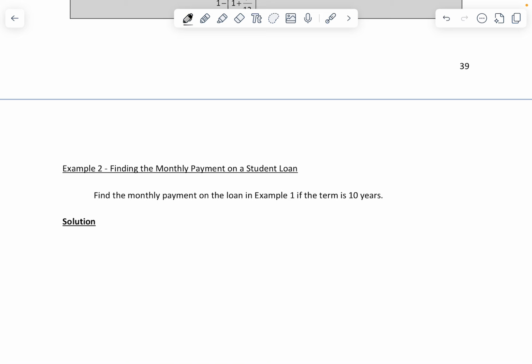That would be the loan amount, $6,500, plus the accrued interest, $1,878.11, which equals $8,378.11. That's my value of P that I'll plug into my monthly payment formula, because when the student starts making payments, that's the amount that will ultimately need to get paid back: the borrowed amount plus the already accrued interest.